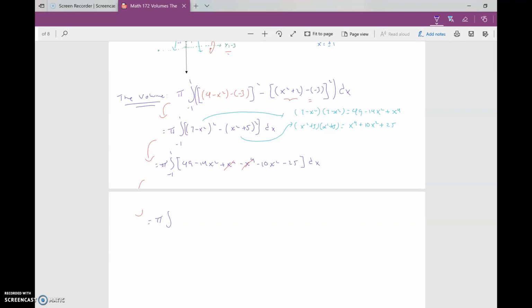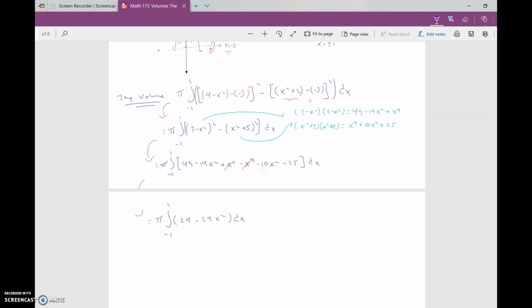This is equal to pi integral from -1 to 1. And in terms of the constants, we're just going to have 49 minus 25. And I don't see anything else. So 49 minus 25, that's going to be 24. So I'm getting a 24 minus a 24x squared dx. Let me double check.